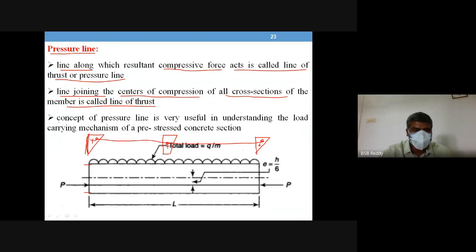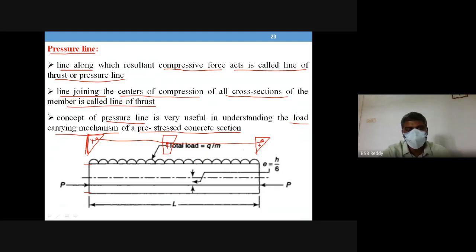Okay. Right. The concept of pressure line is very useful in understanding the load carrying mechanism of a pre-stressed concrete section. This is the use of this pressure line concept. So we have seen what a pressure line is and what it is useful for.